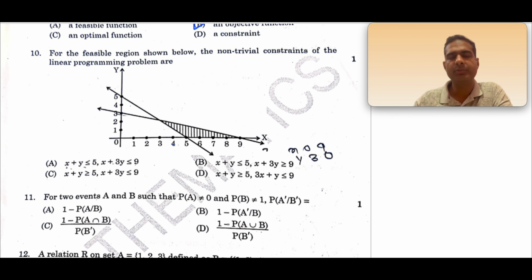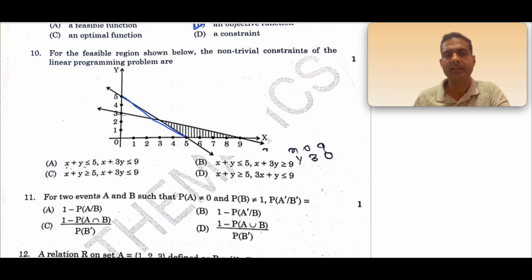Question number 10 is also based on the same linear programming problem. So for the feasible region shown below, the non-trivial constraints of the linear programming problem are. So the shaded part is this. So we have to find out the equations of these lines.